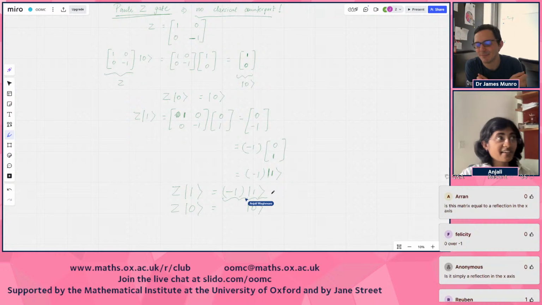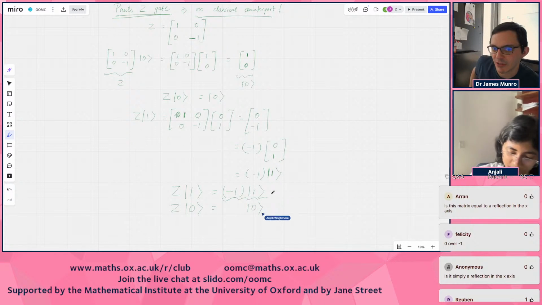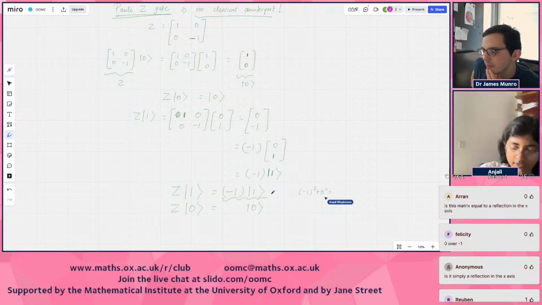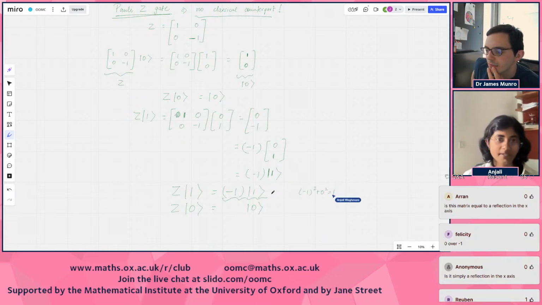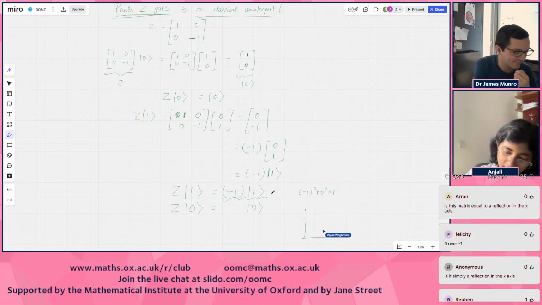Yes. But you've got this interpretation in terms of probabilities. Right, that's not a probability, that's -1, but we're supposed to square. So you square the coefficients, you still get the sum as 1. So the probability is conserved, meaning you still have that vector with length 1.